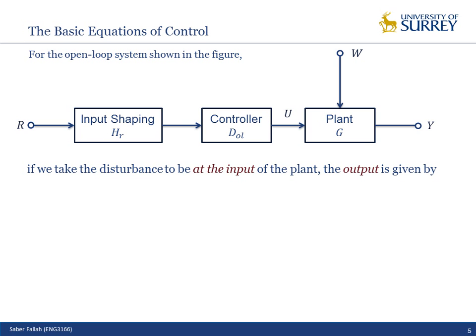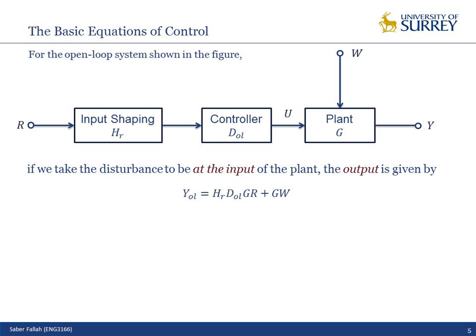In order to have a response close to the reference input, we need to reject the effect of this signal from the output signal as much as possible. Okay? How can we calculate the output? The output of the open loop system is a combination of these two responses.